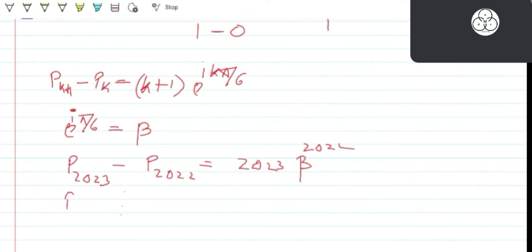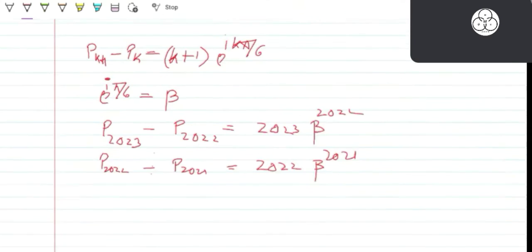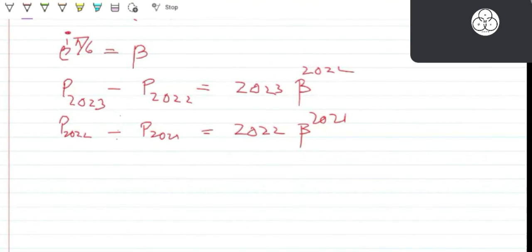Let me write one more term: P2022 minus P2021 equals 2022 beta to the power 2021. So on, if we continue, we get P2 minus P1. P1's value is known to us, that's 1, nothing else but 1. 2 into beta, right? 2 into beta.